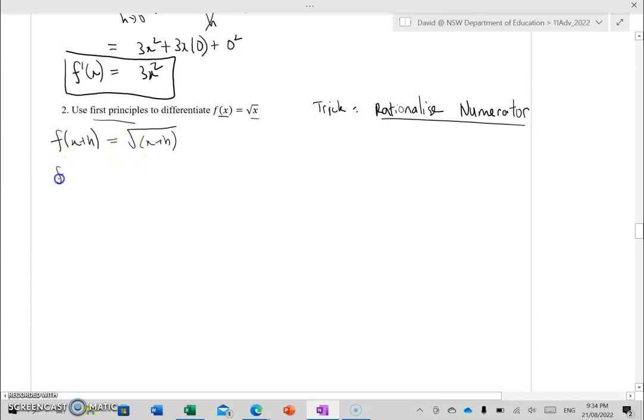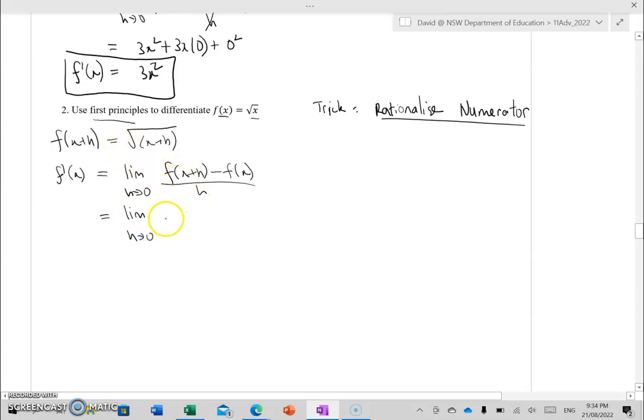So let's write down our definition of f dash of x, my derivative or gradient function. It equals the limit as h goes to 0 of the difference quotient, f of x plus h minus f of x, all divided by h. Substituting in, it will be limit as h goes to 0.